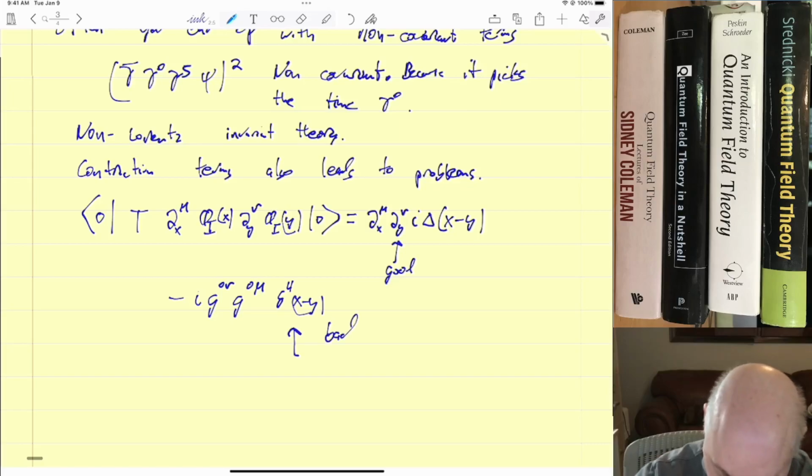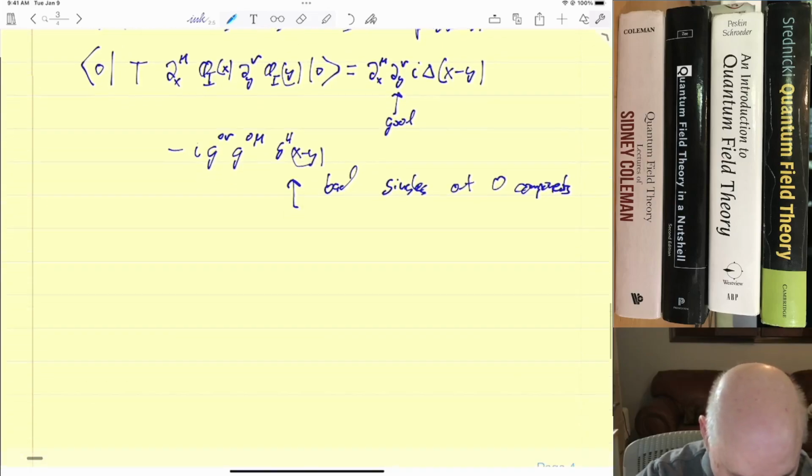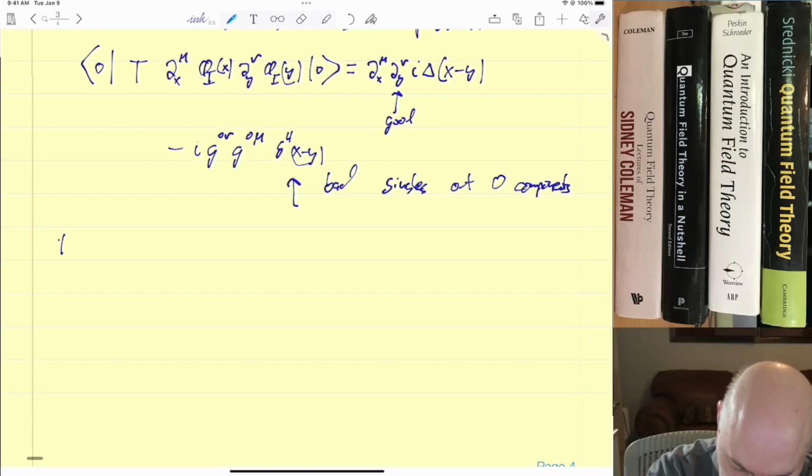Again, it singles out 0 components. So it turns out, Coleman doesn't show this, but he points out that the two terms cure each other.